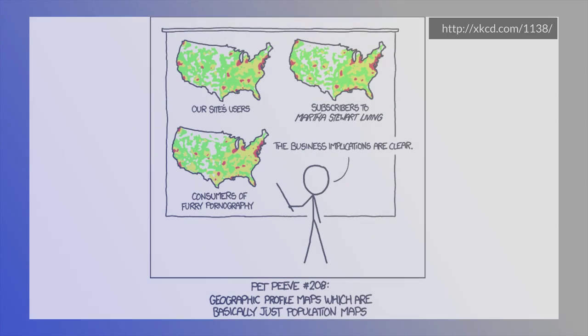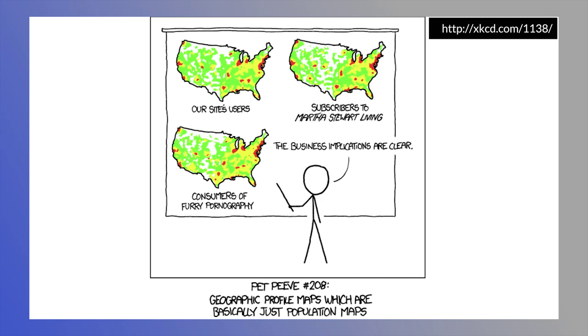Same thing here, where if we looked at geography as it was associated with subscribers to Martha Stewart Living in this case, and we accounted for population density at that geographic location, then the relationship would go away. So adjustment using models is going to be one of the ways that we look to address confounding.